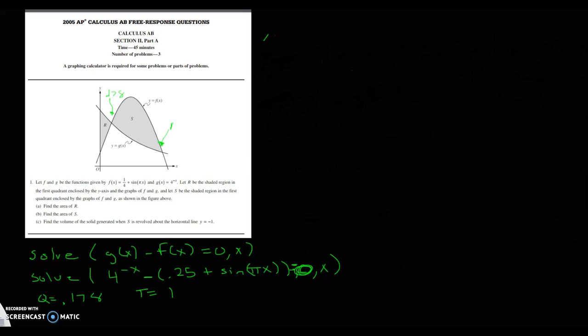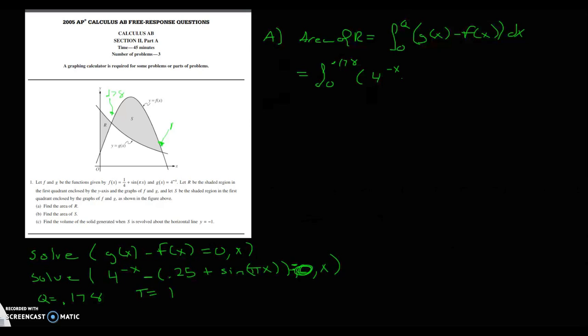Now when you want to find the area for part A, you'd put area of R is equal to the integral from 0, because that's the first quadrant, to Q, of g of x minus f of x dx, or you could say 0 to 0.178, 4 to the negative x minus 0.25 plus sine pi x dx, which is equivalent to 0.065.